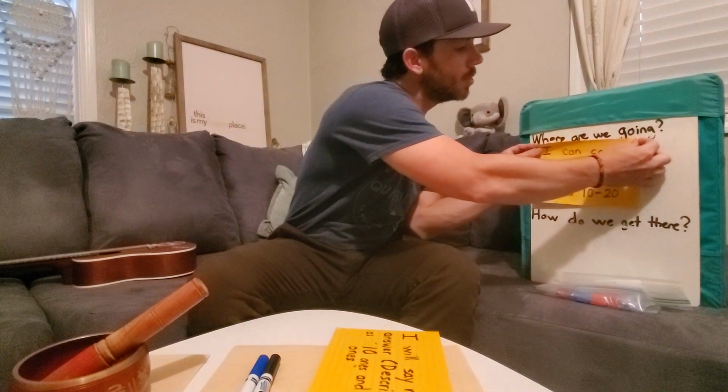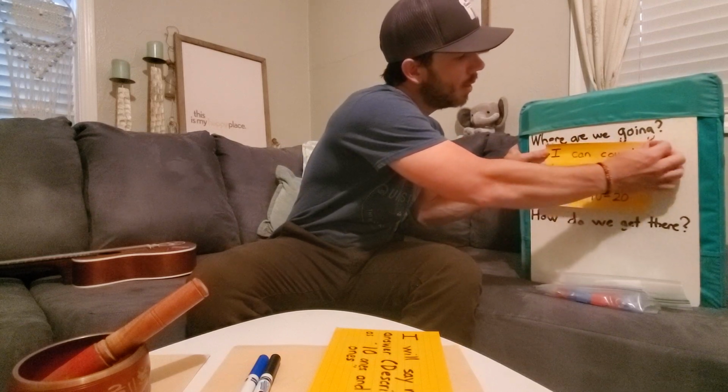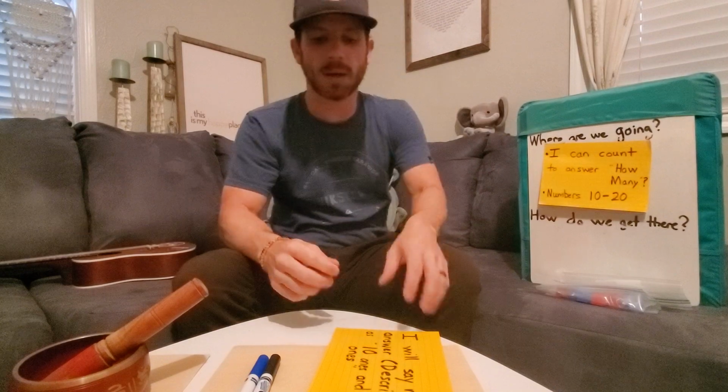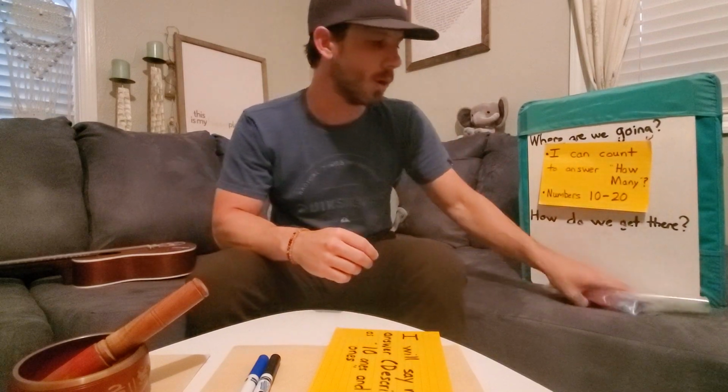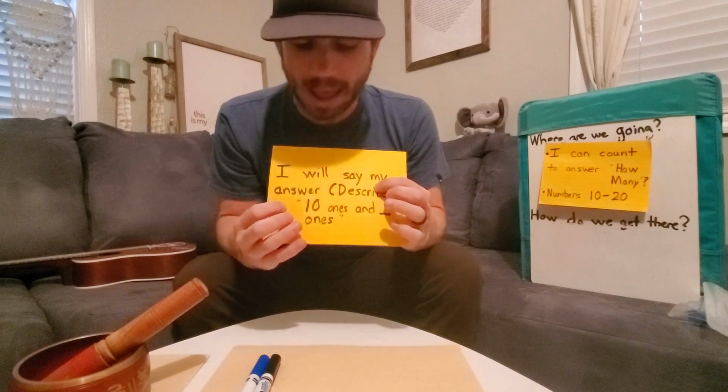We know where we're going, but next we've got to talk about how we're going to get there, okay? The way we're going to get there today is, I will say my answer, or in our math word, describe. So I will say my answer as 10 ones and blank ones.